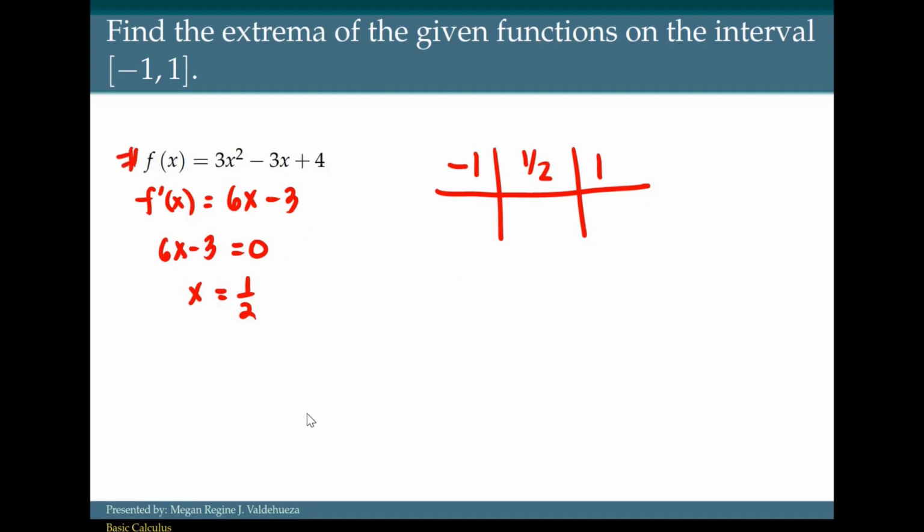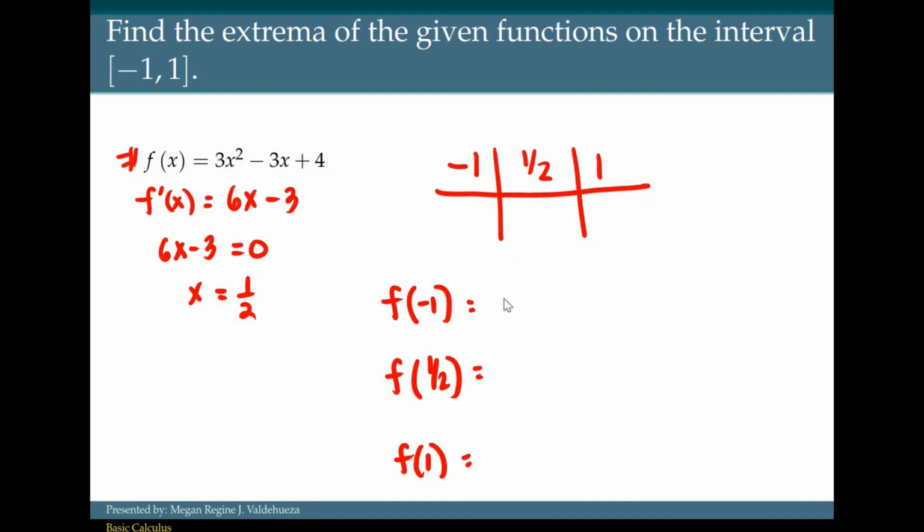So from this, we will evaluate the function at -1, at 1/2, and at 1.